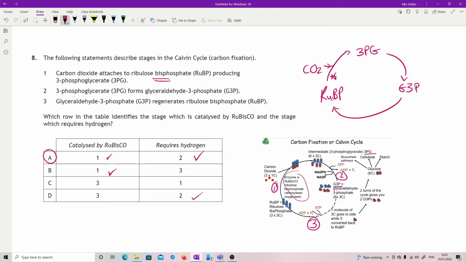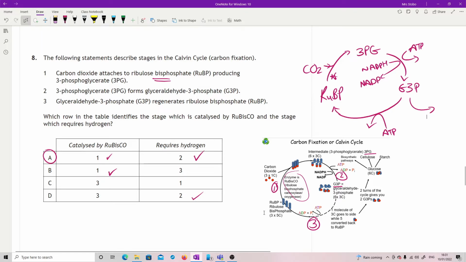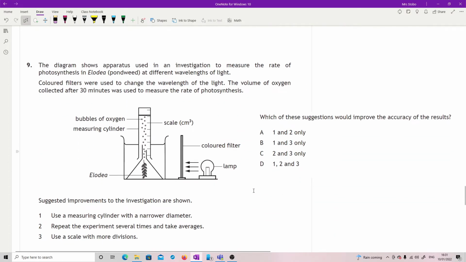You need to know that you've got Rubisco in here, you need to know that we are using ATP in here, and you need to know that we are also using the NADPH transport in here. None of it easy, to be honest, and you also need to know that you need a little bit more energy to make that function. And then you need to know that you're pulling off these to make glucose. Find a way, make sure you're happy with it.